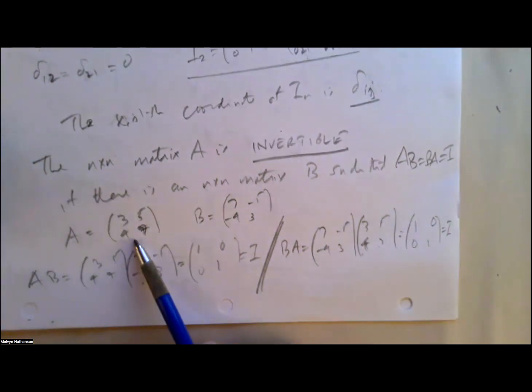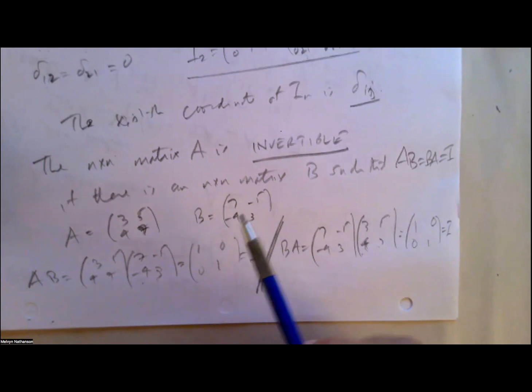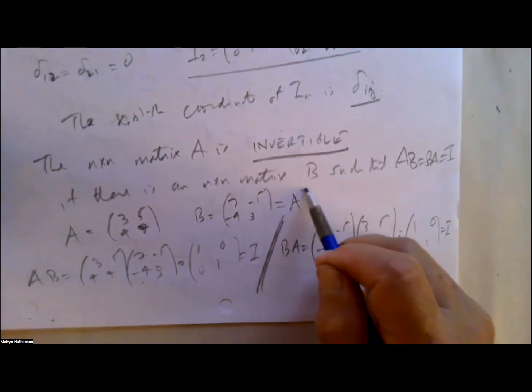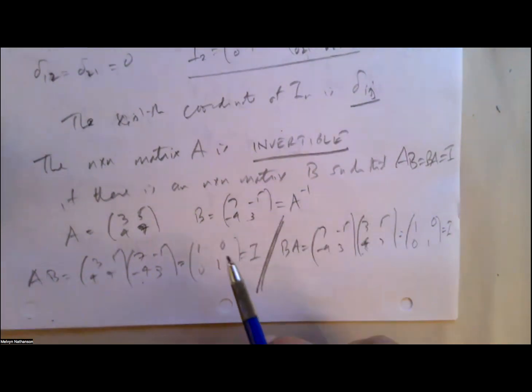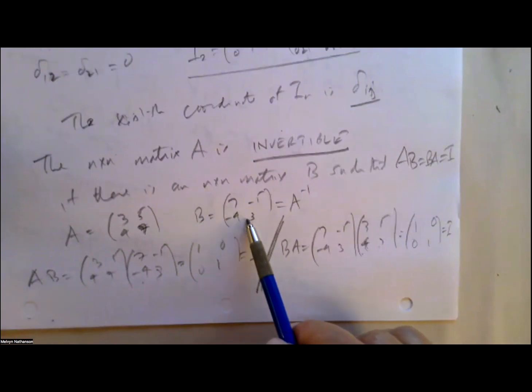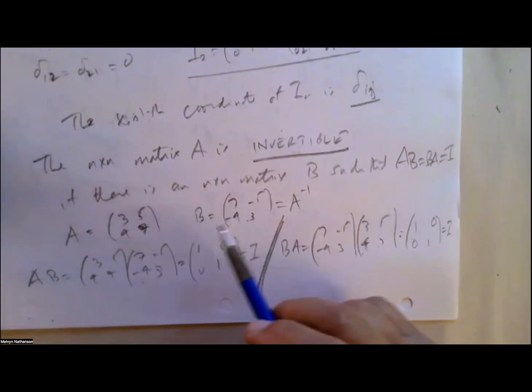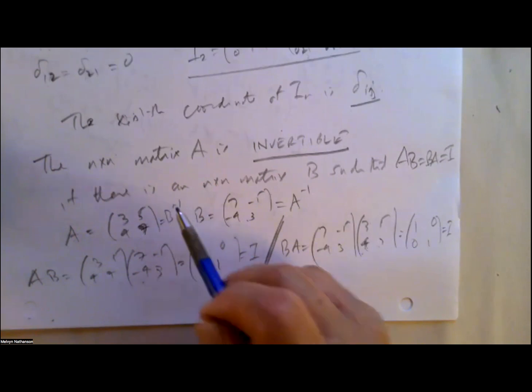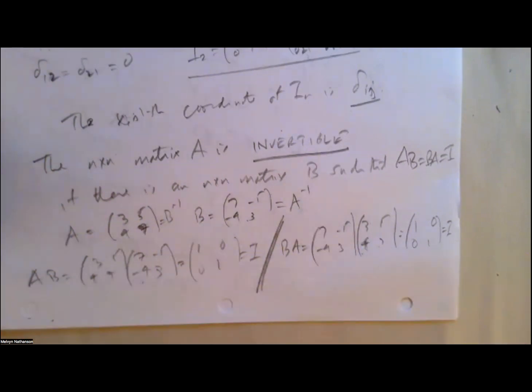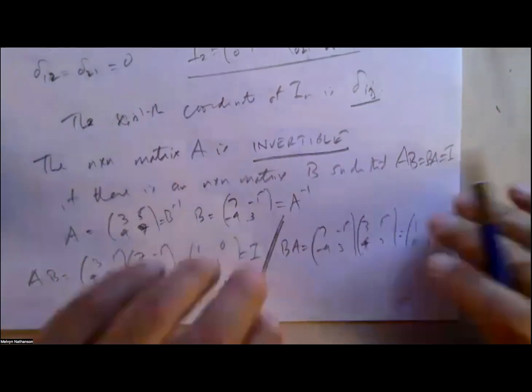So this matrix A is invertible, and this is its inverse, which we usually write as A to the power minus 1. So this is also the same as B to the power minus 1. So this is really just a definition.